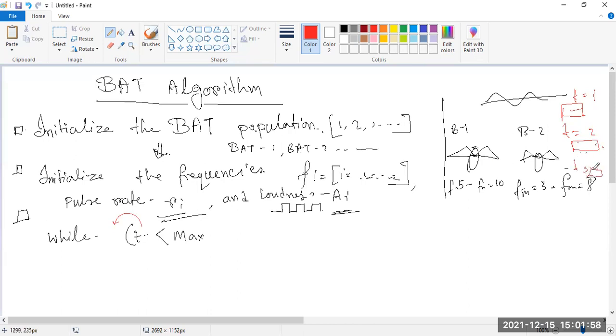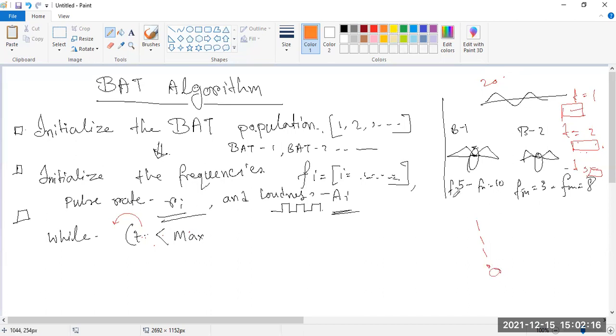But how many iterations you need, T is the maximum number of iterations. Say we are taking 20 iterations, so whenever it reaches 20 you stop, because the bat positions gradually come to the object.